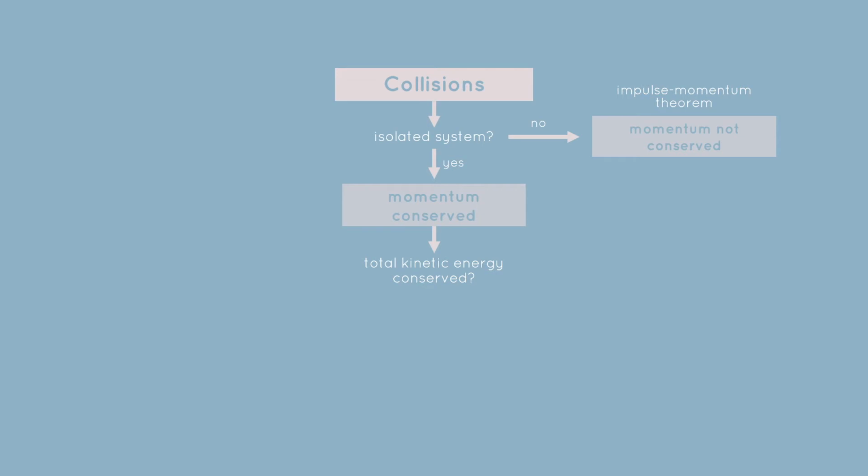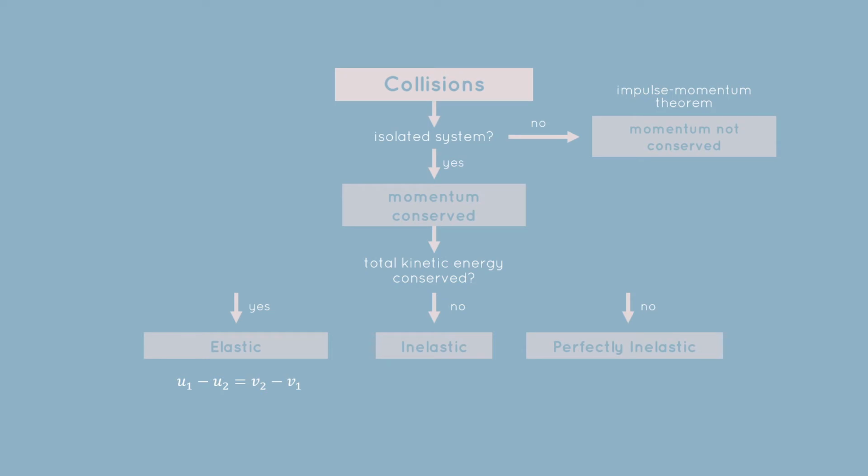Next, we ask ourselves whether the total kinetic energy is conserved. If the total kinetic energy is conserved, then the collision is elastic, and we can use this equation, which we will derive later, U1 minus U2 equals V2 minus V1, to help us solve problems. If kinetic energy is not conserved, the collision could be perfectly inelastic.